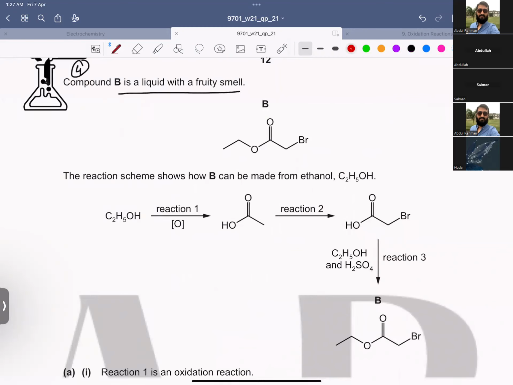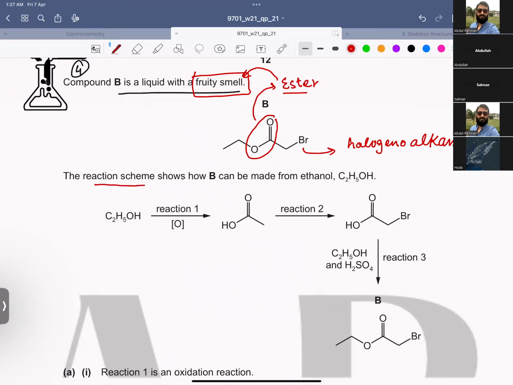So if you see, it has this functional group in it, which is an ester, and esters have fruity smells. And here we can conclude that it also contains an alkyl halide or a halogenoalkane. Is this clear?